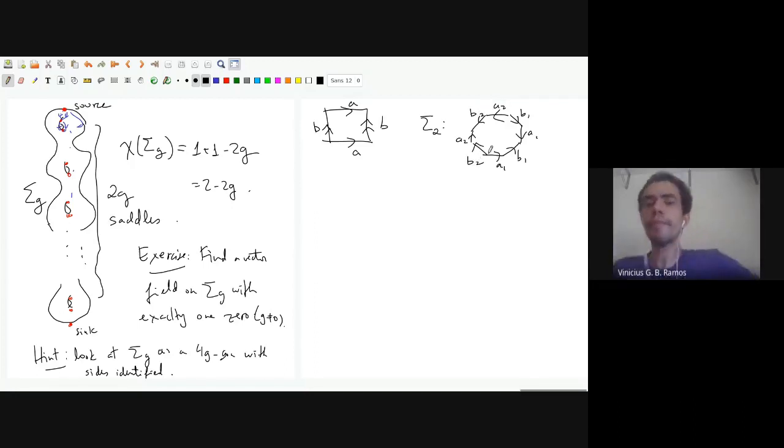So that's how you get a surface of genus 2. You have to think a little bit, but it's not very hard to see that when you glue A1 with A1, B1 with B1, A2 with A2, and B2 with B2, then you get exactly this guy. And you can do the same procedure for any genus. So it might be easier to draw the vector field over here. That's a cool little topological exercise.